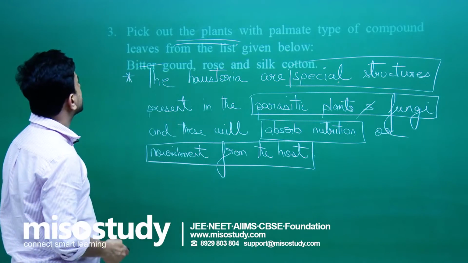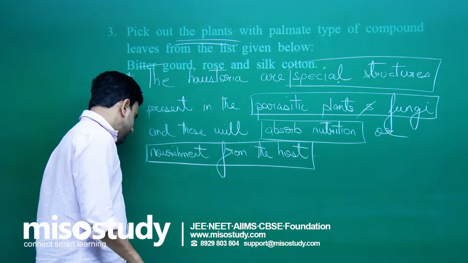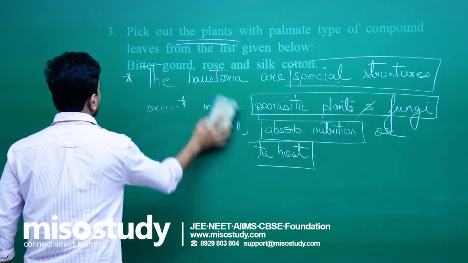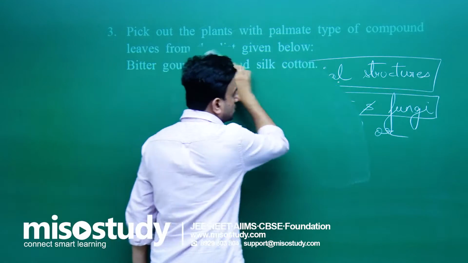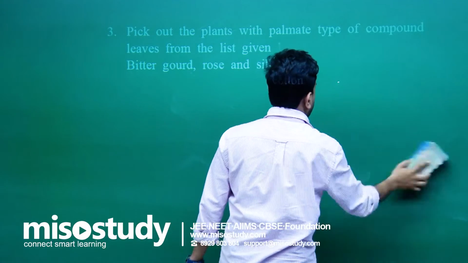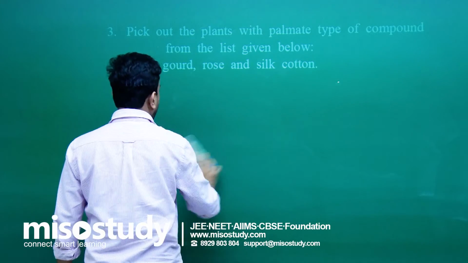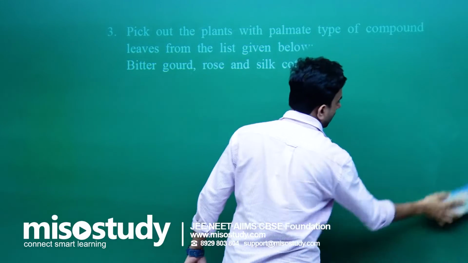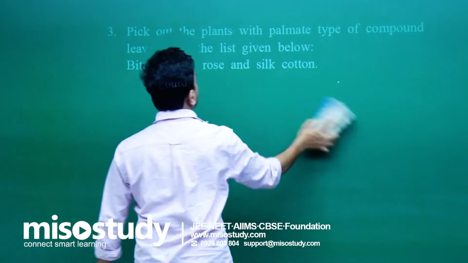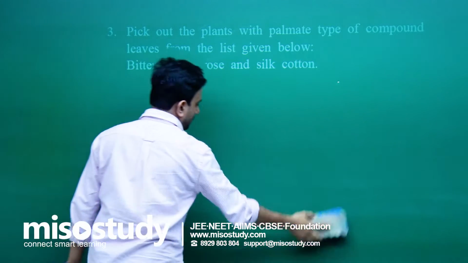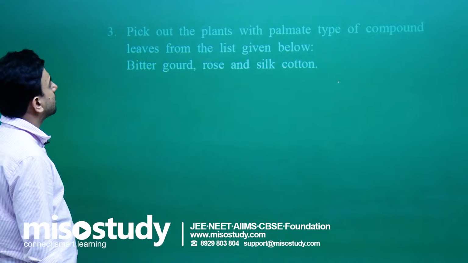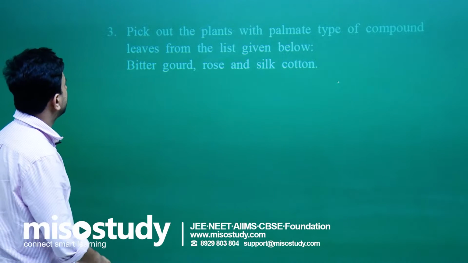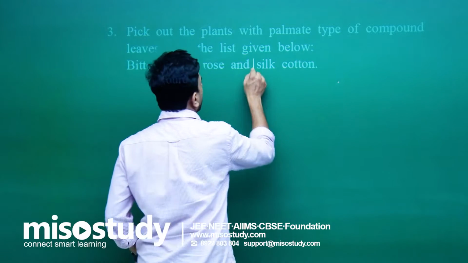Moving on to the next question. Pick out the plants with palmate type of compound leaves from the list given below: bitter gourd, rose and silk cotton.